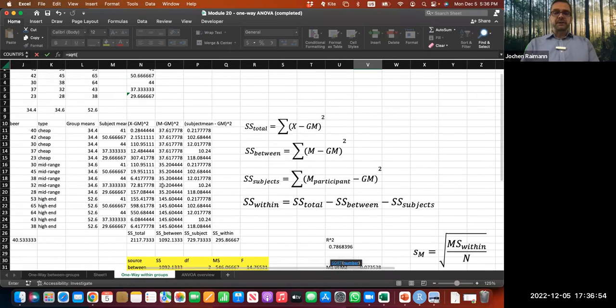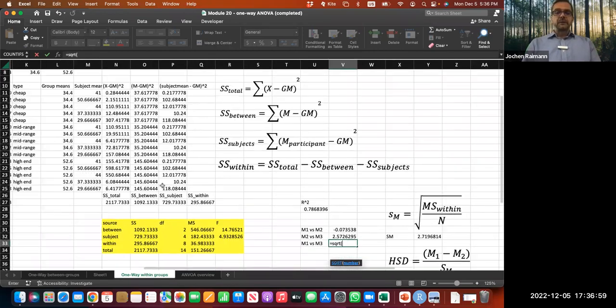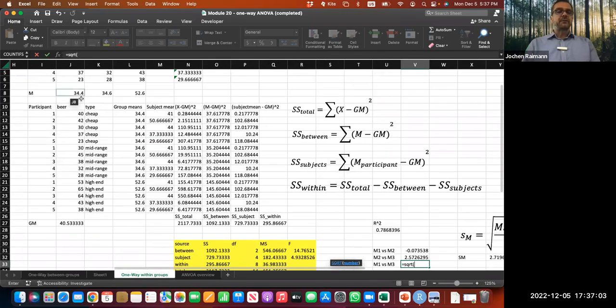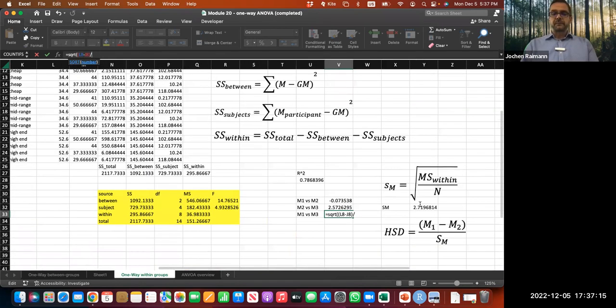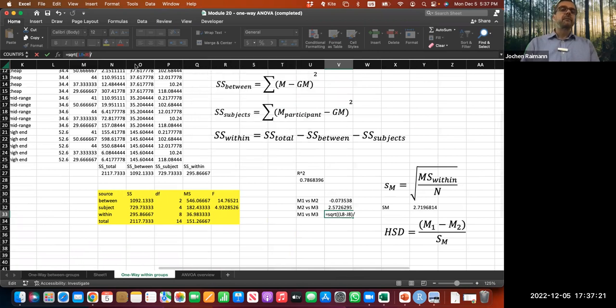And the direction doesn't make a difference when it comes to the estimation of the Q. So instead of M1 minus M3, we do M3 minus M1 to avoid this from happening again, divided by SM.